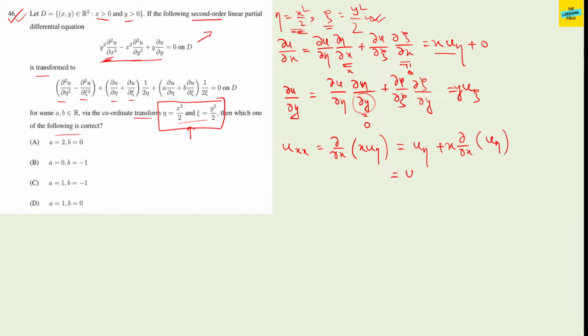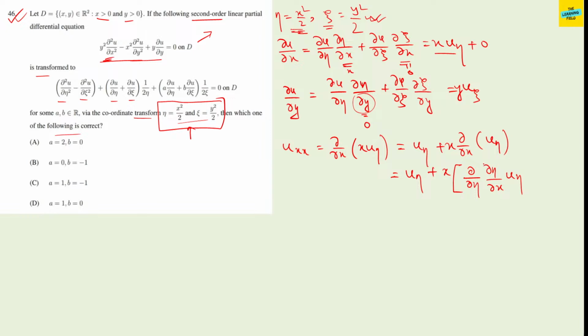So this is equal to u_η plus x ∂/∂x of u, because u is differentiable only with respect to ξ and η.